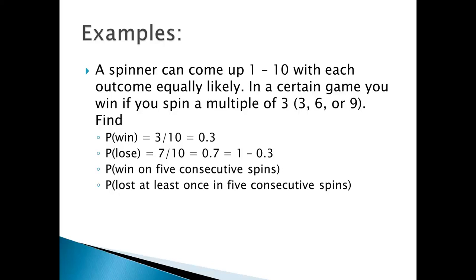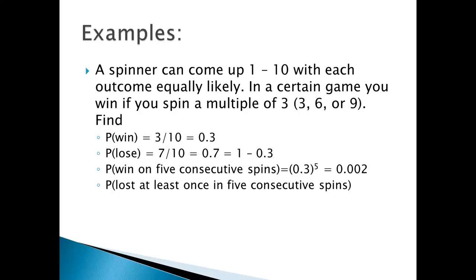Probability to win on 5 consecutive spins. Well, each spin has a 30% or 0.3 chance of happening. Each spin is independent of the others. When you spin it the 5th time, it doesn't know what happened the other 4 times, so you get to multiply their probabilities. 30% of the time you win on the first spin, and then 30% of those you also win on the second spin, and 30% of those you win on the third spin.